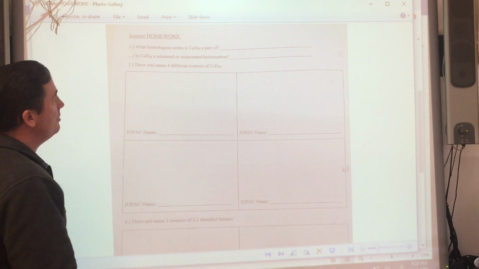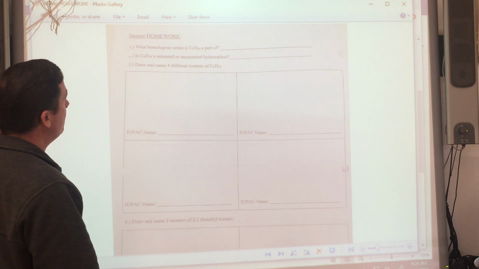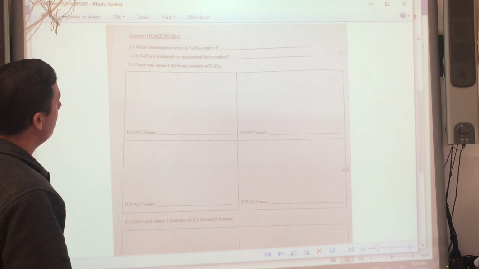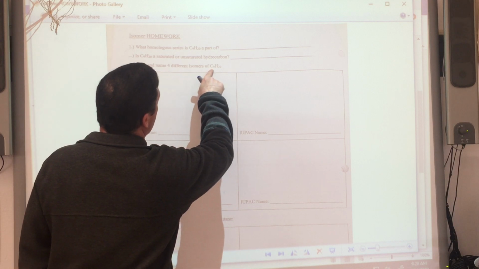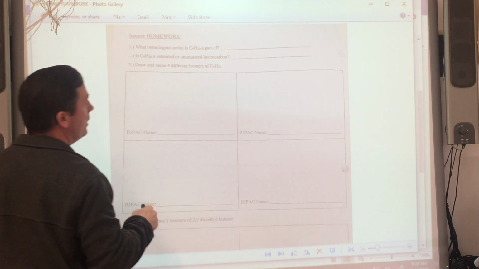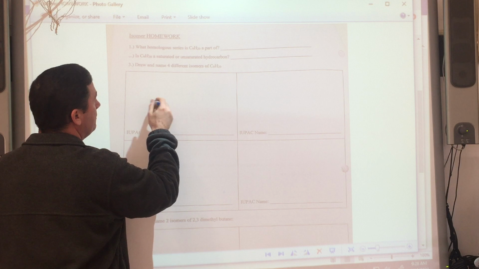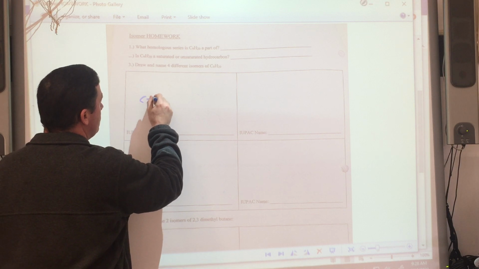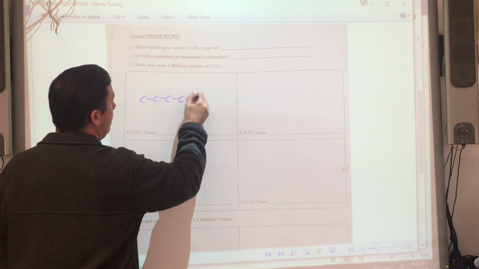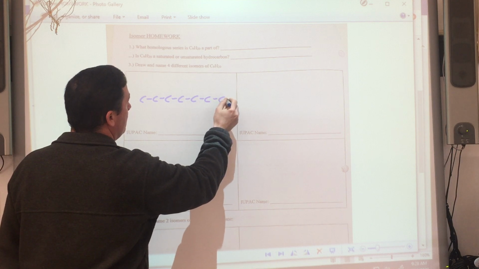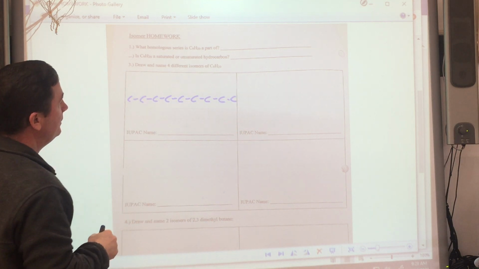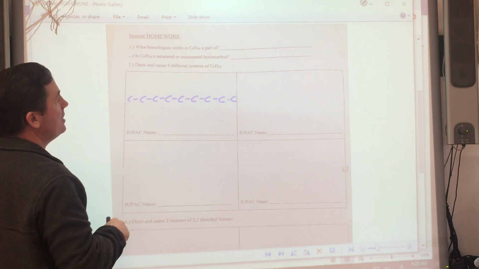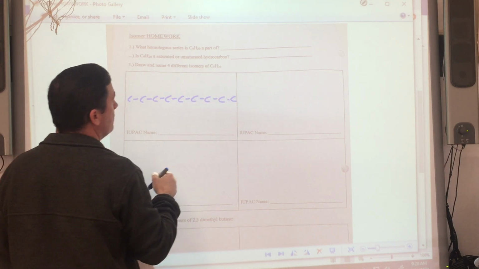C9H20. Remember, you can go into your CRT to figure that out. This says, draw and name 4 different isomers of C9H20. I can do the easiest one. 1, 2, 3, 4, 5, 6, 7, 8, 9. Now I need 20 hydrogens.